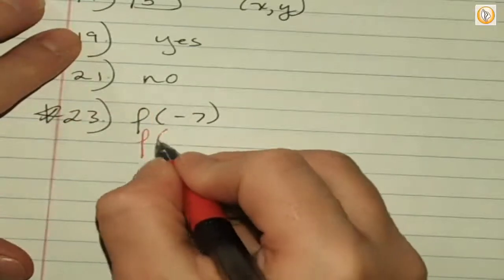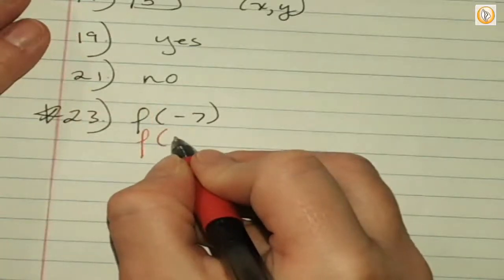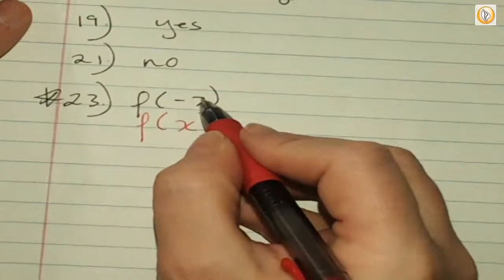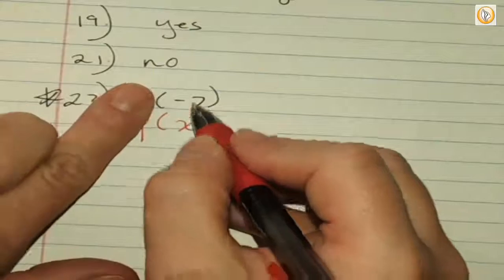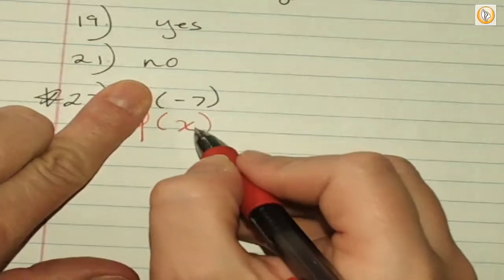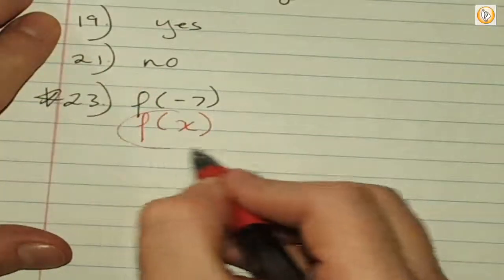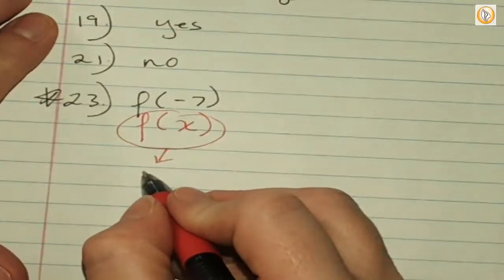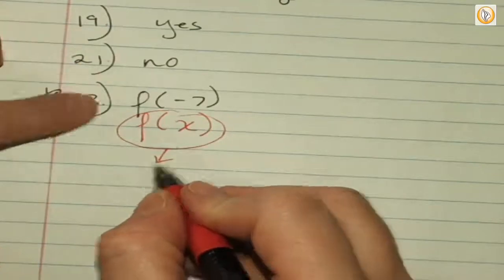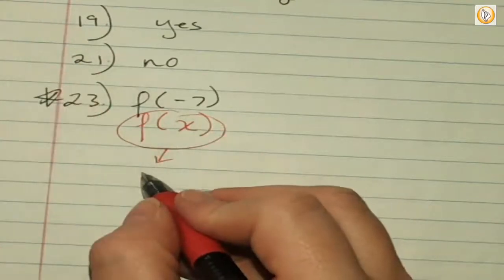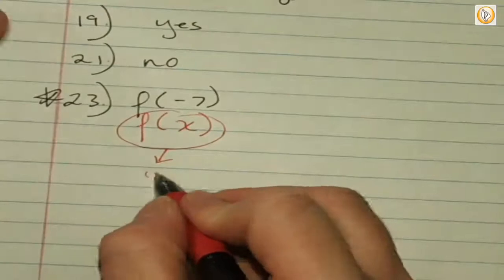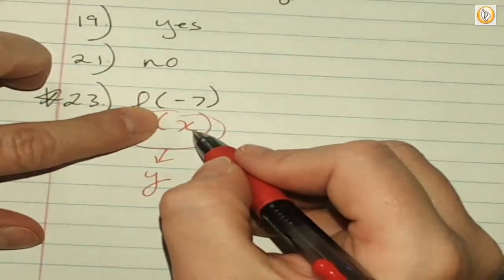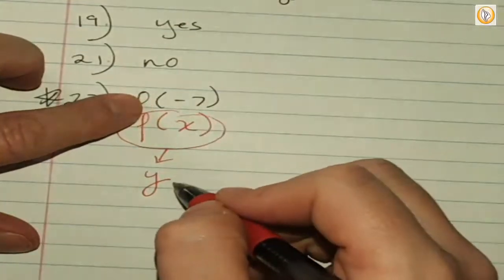Remember, it's f of, what goes here? X. So the -7 is replacing the x. This whole thing represents y. So the -7 is in place of the x. So you're looking for the y.